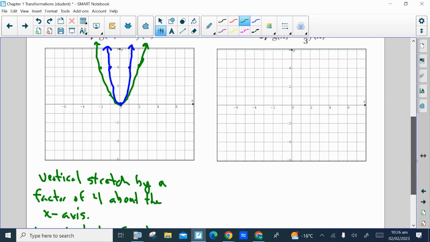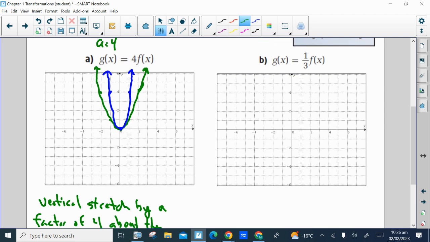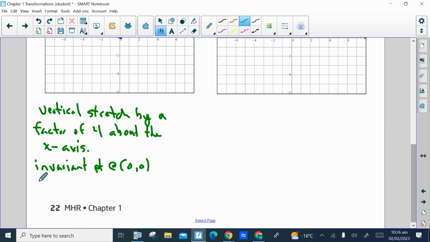In this case, the domain and the range will not change. The graph will go left and right forever. So our domain, if we use interval notation, have to use rounded brackets because you cannot ever include infinity. And remember, you always go from smallest to greatest, so it's negative infinity on the left, positive infinity on the right.